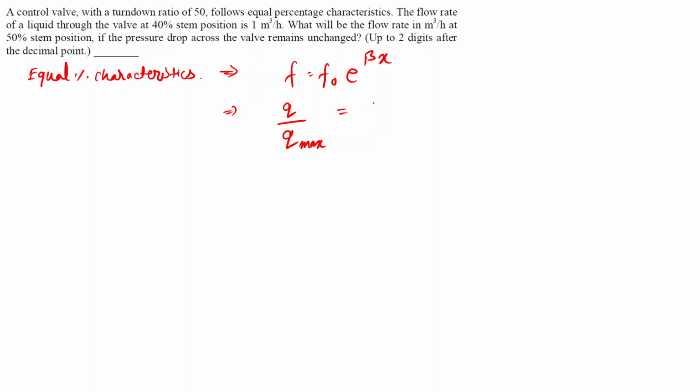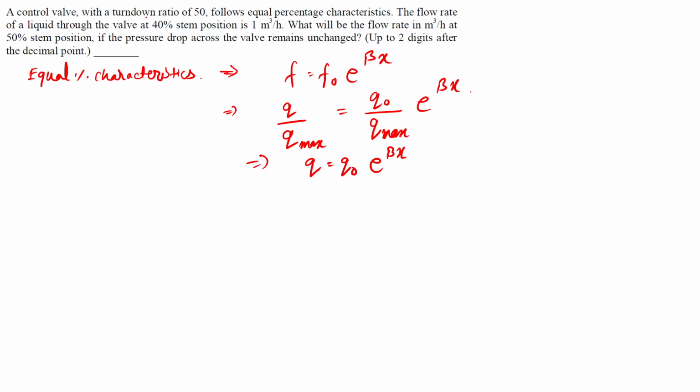Similarly, F naught we can write as the initial flow upon the maximum flow, which will remain the same. So in terms of the flow rate through the valve, we can write this as Q is equal to Q naught e raised to beta x.